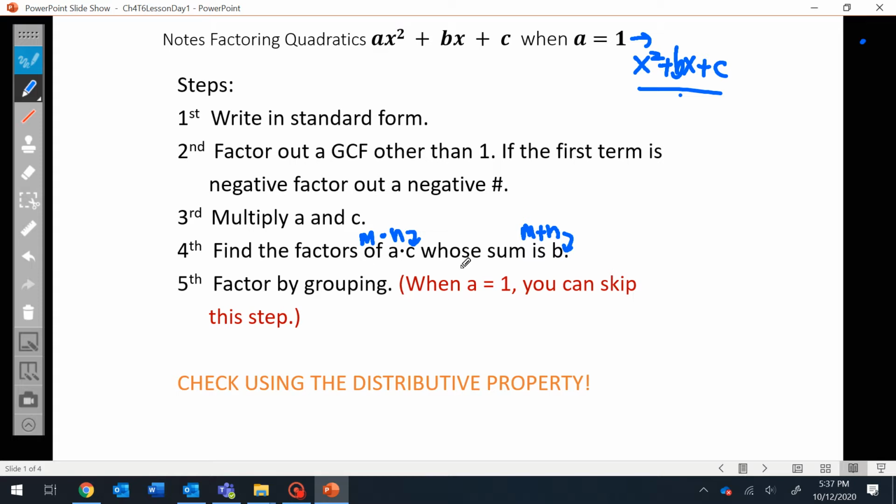Then we would factor by grouping, but when a is 1, we can skip this step, and our factors will be in the form of x plus m as our first factor and x plus n as our second factor, and that will be the factored form. So if we can find this m and n, then we can find the two factors of x squared plus bx plus c. And then of course we check using the distributive property.